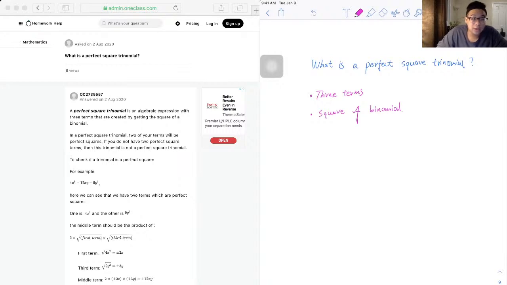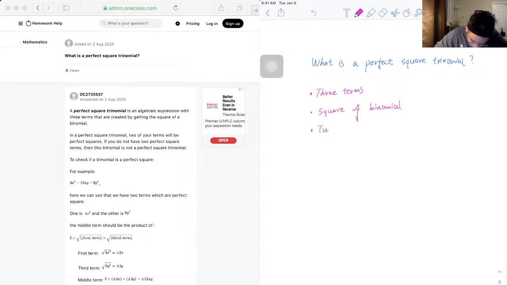And in a perfect square trinomial, two of our terms will be perfect squares.